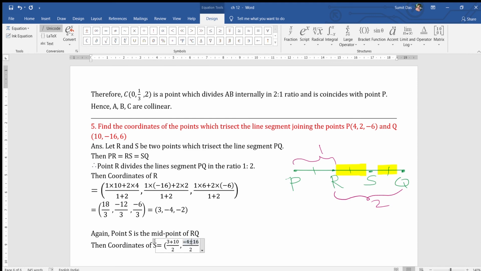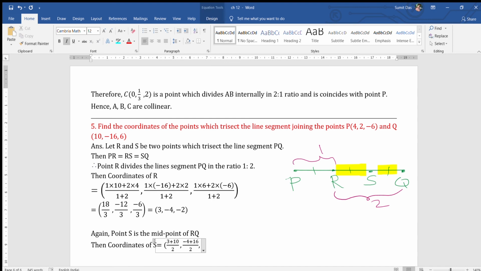Sorry. Then this is 2 in the denominator, and the numerator with z1 plus z2. z1 means R z is minus 2 plus z2 is 6. Now, I told the answer will be 13 by 2 comma, oh, wait.